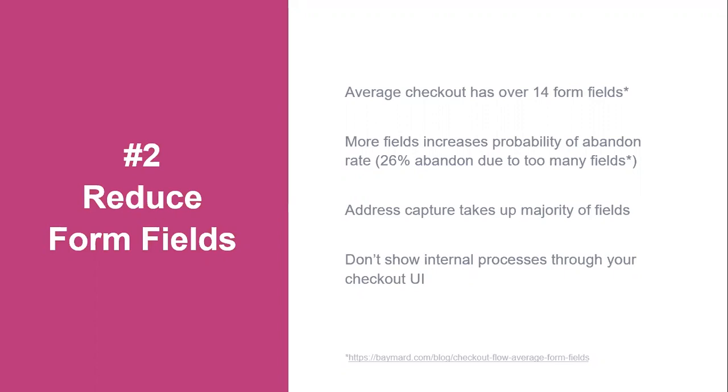It doesn't sound a lot, but when you break down the information that you probably need for a successful checkout, 14 is quite a lot for a user to process. The more fields you have really does increase the probability of an abandonment rate, especially for those smaller ticket items.